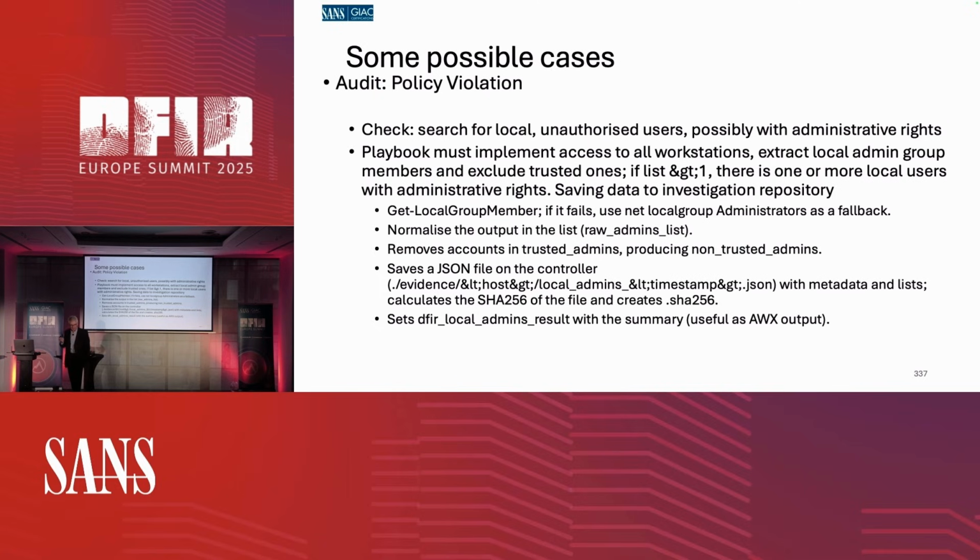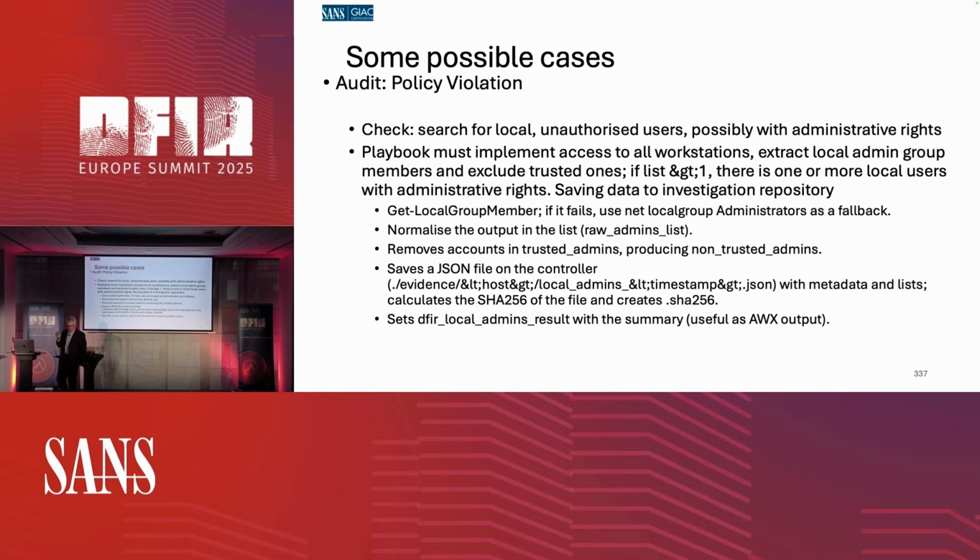We can search for local unauthorized users, possibly with administrative rights. What does that mean? The playbook must be implemented on all workstations, extract the local admin group members, and exclude the trusted ones.